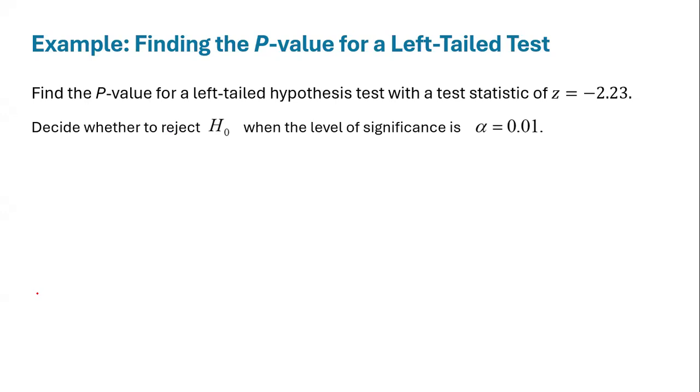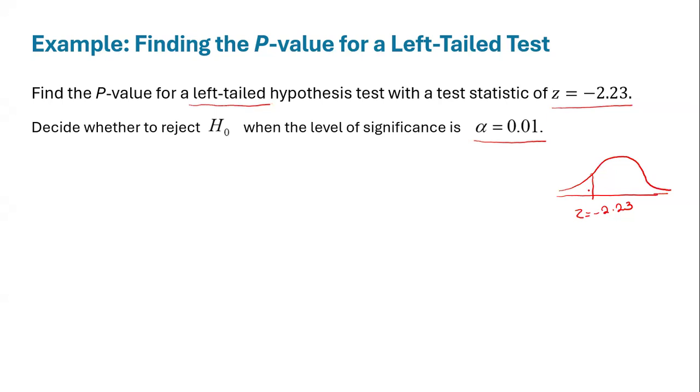We only know the test statistic, which is negative 2.23, and we know that the level of significance is 0.01. So when we have a normal distribution, the test statistic is negative 2.23, and the question tells me that it's a left tail hypothesis test.